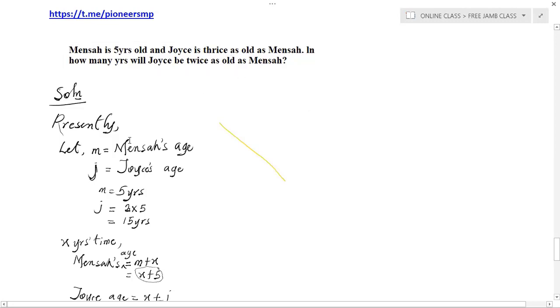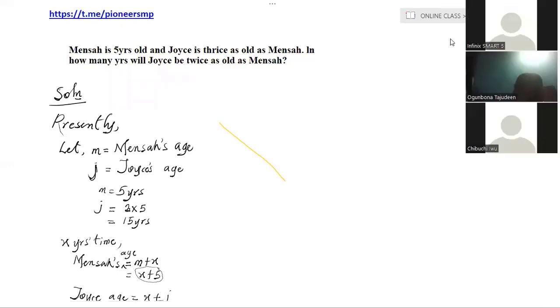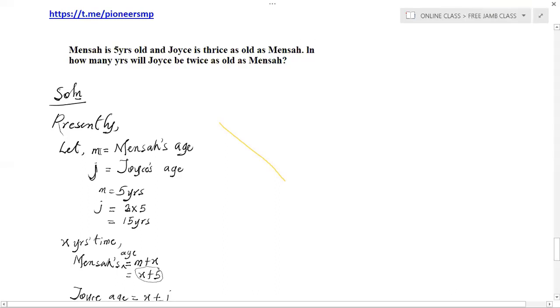So at present, let's say Joy's age is J and M is Mensa's age. M is 5 years. If J is 3 times that of Mensa, then Joy is 15 years.